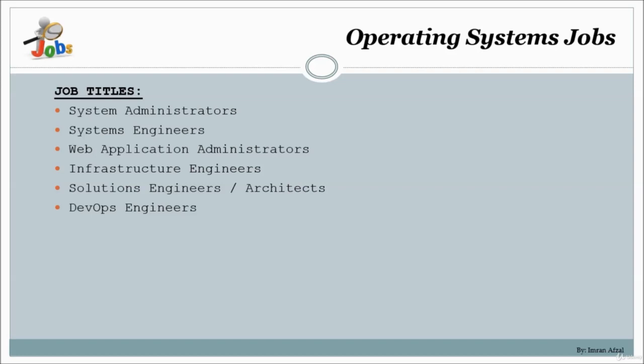So not only do they manage the infrastructure and manage the systems, they also want someone who could write code, who knows some languages, and many languages are like perhaps Java, C++, and many other languages which I will cover in a later lecture. So these are the people who are DevOps engineers.